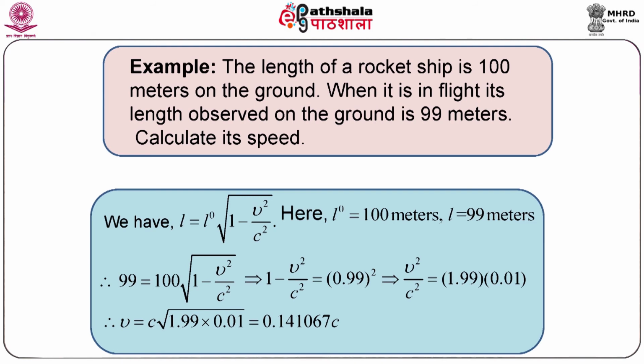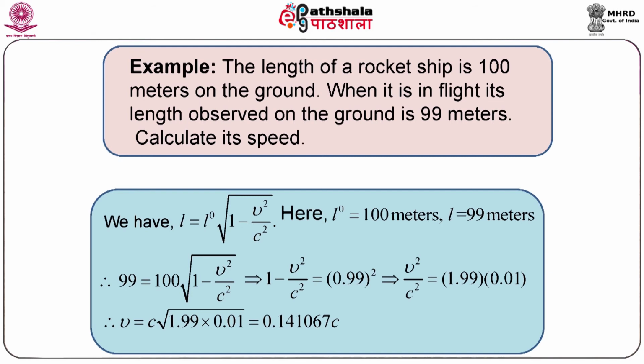Dividing both sides by 100 and taking square of it, we get this result. Shifting v square by c square on the right hand side and this quantity on the left hand side, we get 1 minus 0.99 square equal to v square by c square. This is of the form a square minus b square, which gives a plus b into a minus b.